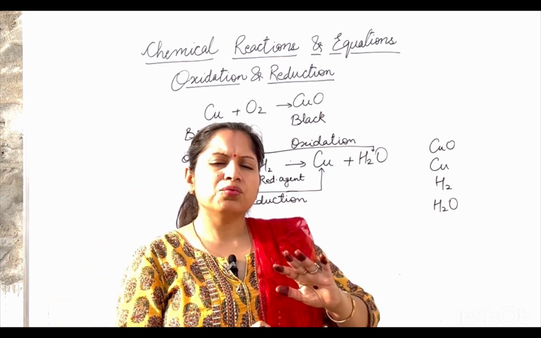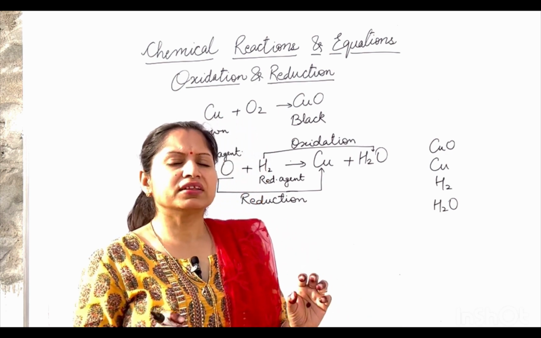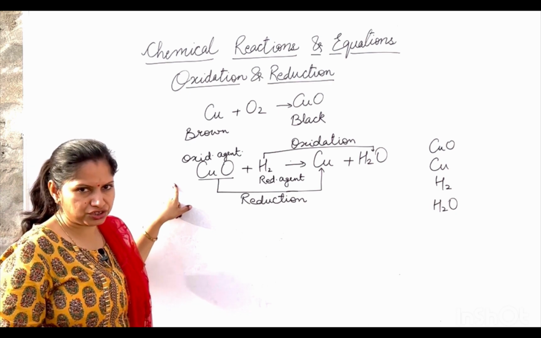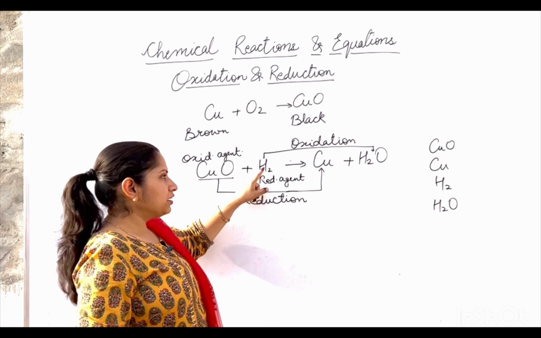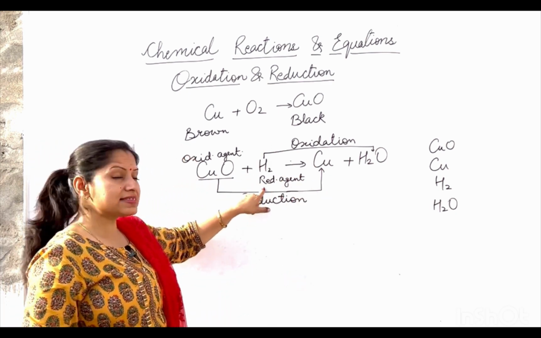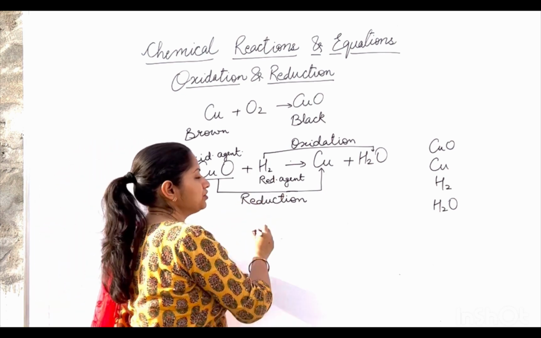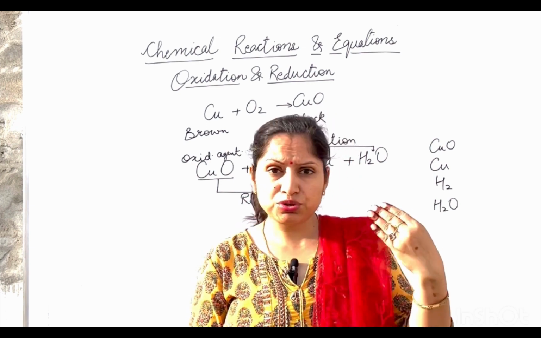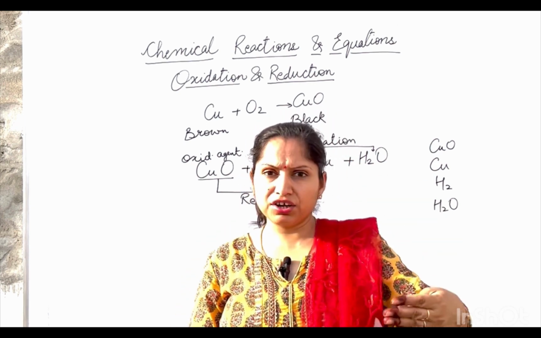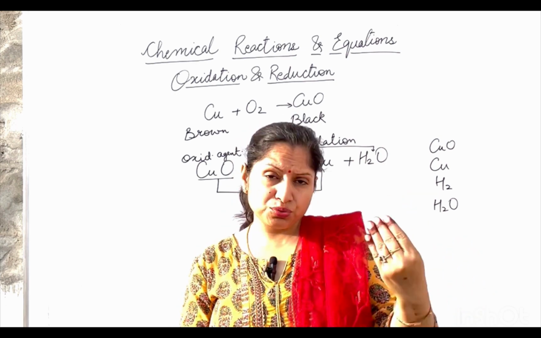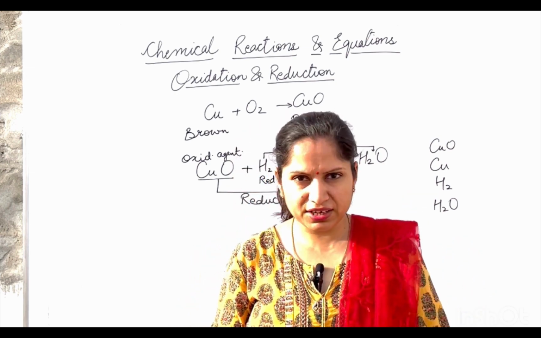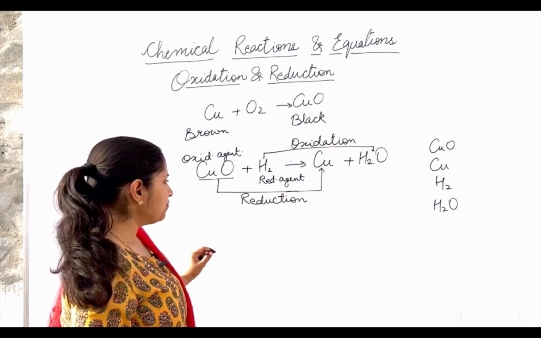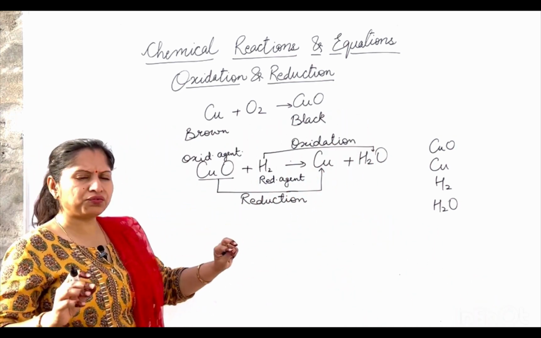To remember one thing, whichever is undergoing reduction is itself an oxidizing agent, and the one that is undergoing oxidation is itself a reducing agent. So whenever there is any such reaction, when you have to identify which one is getting oxidized, which one is getting reduced, which one is oxidizing agent and which one is reducing agent, just simply work out one thing, that whichever is getting reduced, you just have to find one thing.